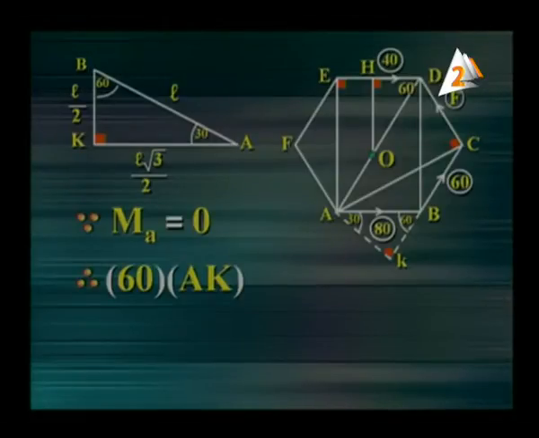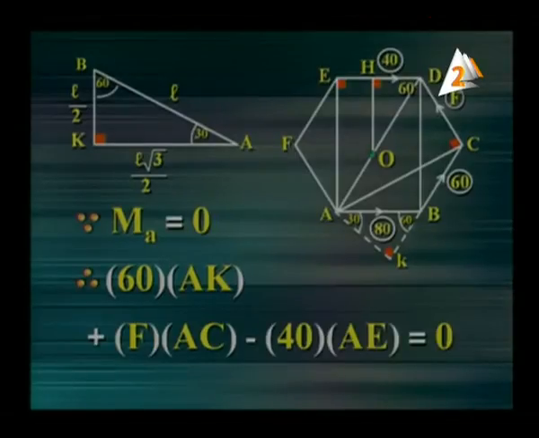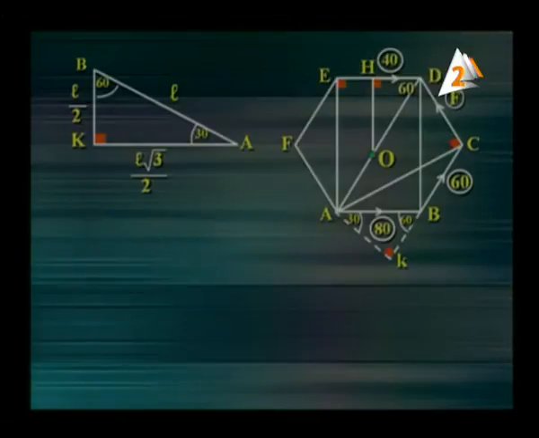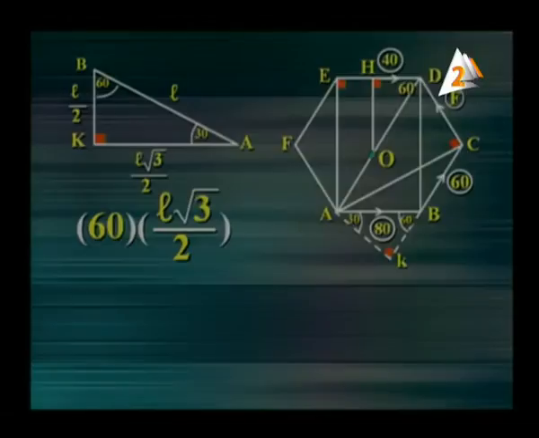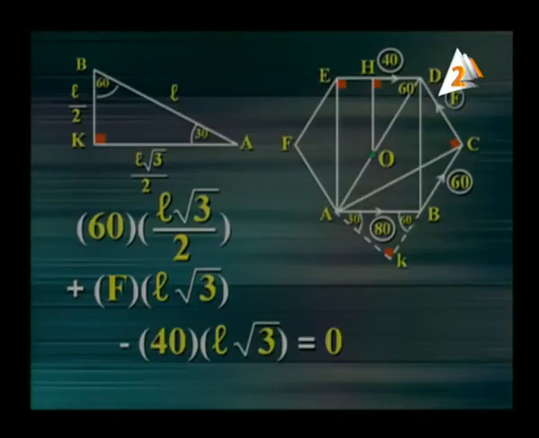So 60 times L root 3 over 2 plus F times L root 3 minus 40 times L root 3 equals 0. All of them divided by L root 3, we say that 30 plus F minus 40 equals 0. So F equals 10 gram weight.